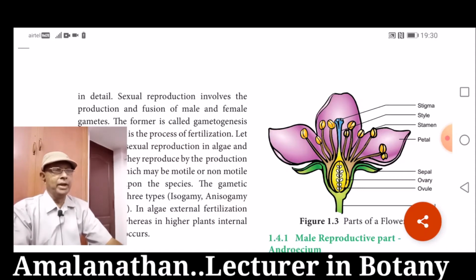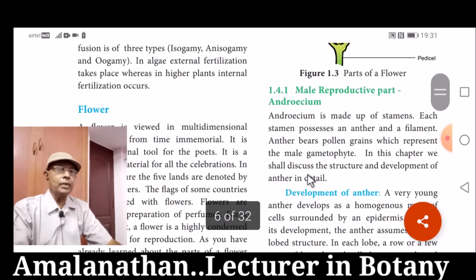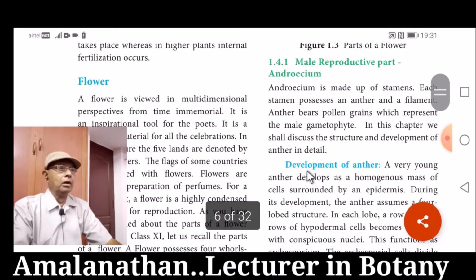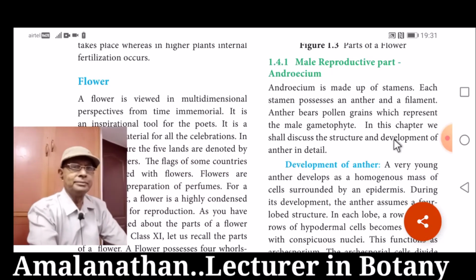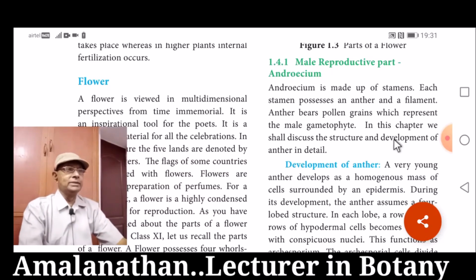First you will see the male reproductive part, that is androecium. Androecium is made up of several subunits. Each subunit is called stamen. Each stamen consists of an anther and a filament.